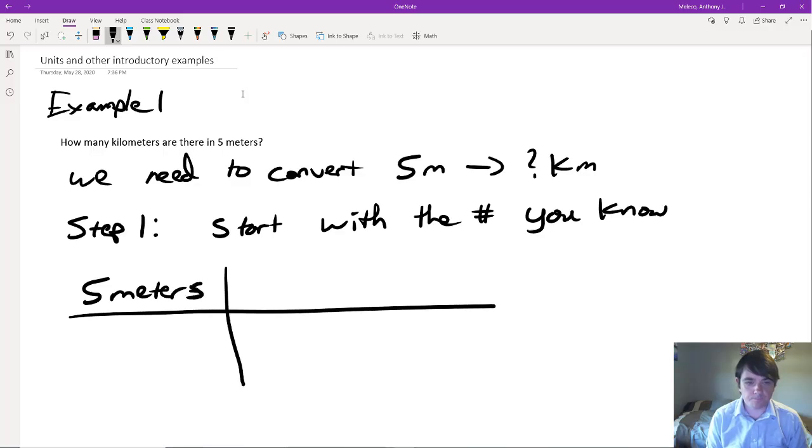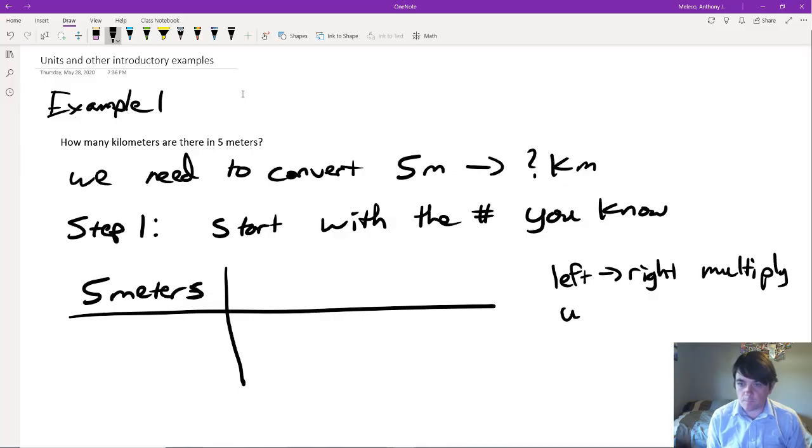And how this grid system works is, if you're going left to right, you multiply across, and up and down is division. Left to right is multiply, up down is divide. And our goal is to convert meters to kilometers.